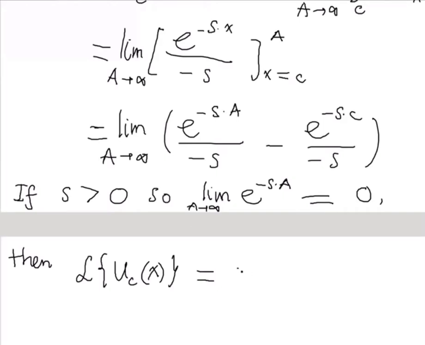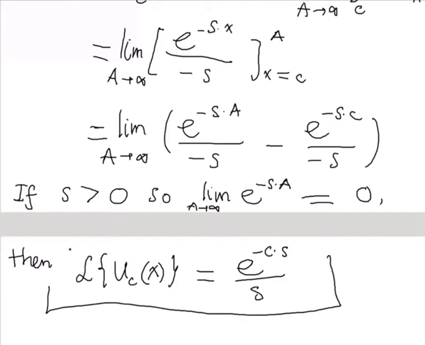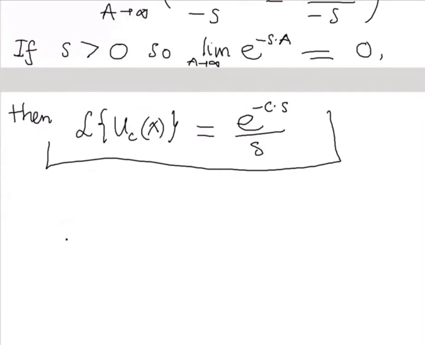We usually write the constant first, so I will write e to the minus c times s, divided by s. This is the Laplace transform of the unit step function. This formula will be provided in this table of Laplace transforms.